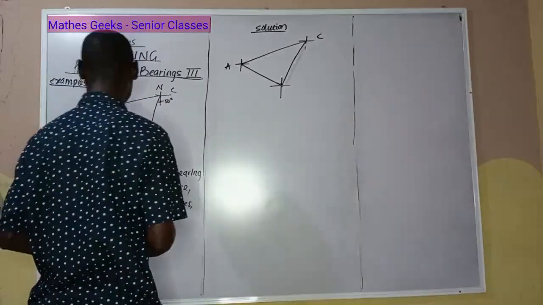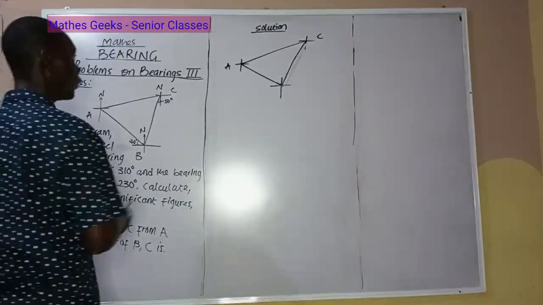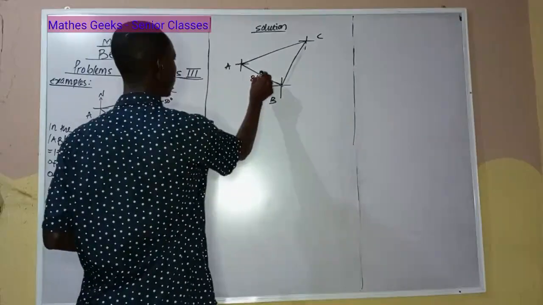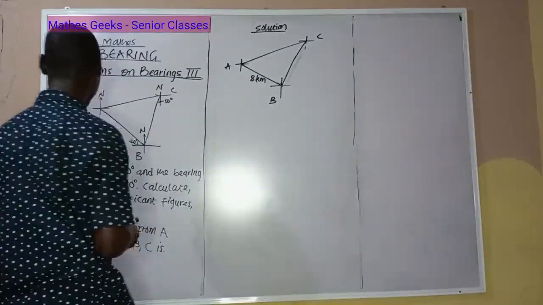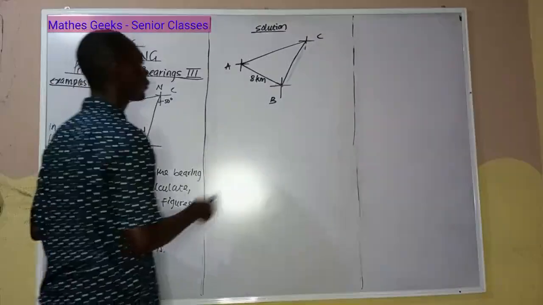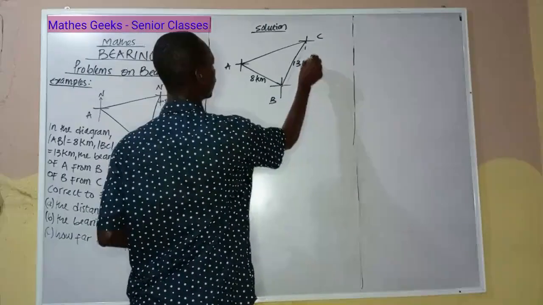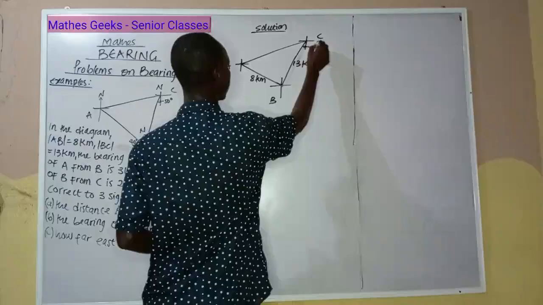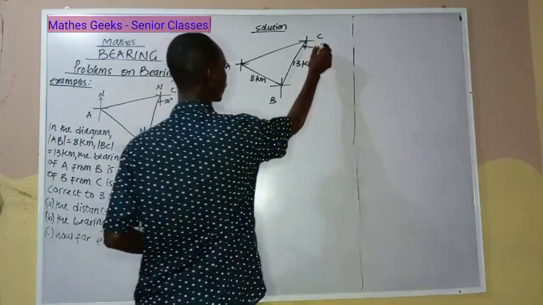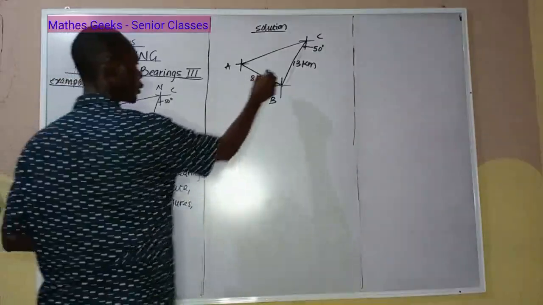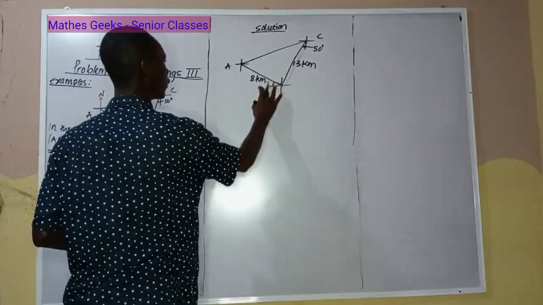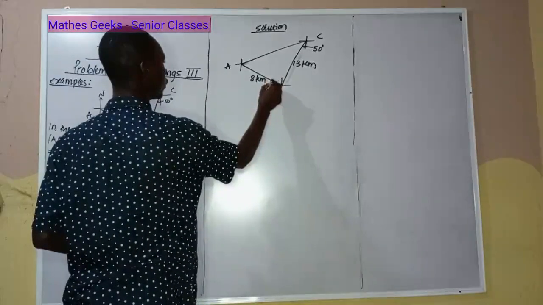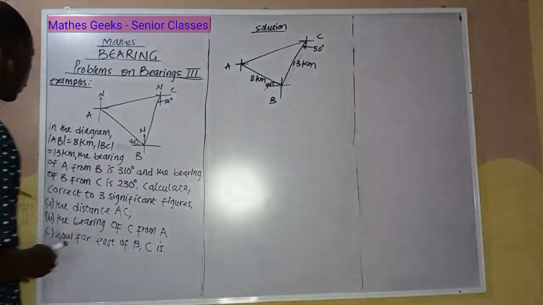Now let's put in the information we're given. So this is point B. AB is 8 kilometers, and then line BC is 13 kilometers, and this angle is equal to 50 degrees, and this angle here is 40 degrees. Okay, let's work.